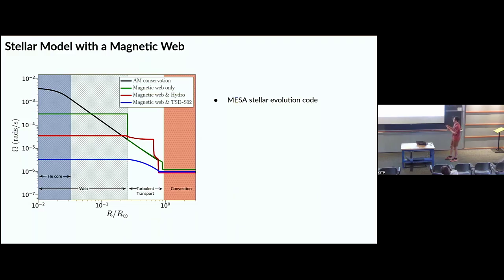Then if I sequentially turn on more turbulent transport in this region, based on various prescriptions that people use in the stellar community, you can very easily bring down the core rotation rate to be a factor of 3, a factor of 10 larger than the envelope. And these are pretty mild prescriptions.